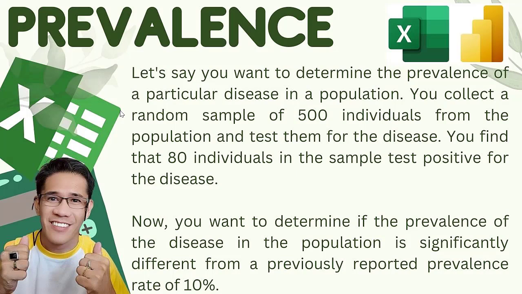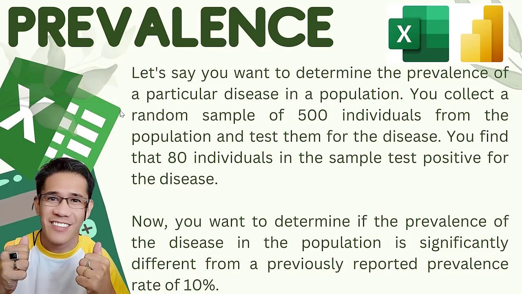Let's say you want to determine the prevalence of a particular disease in a population. You collect a random sample of 500 individuals from the population and test them for the disease. You find that 80 individuals in the sample test positive for the disease.